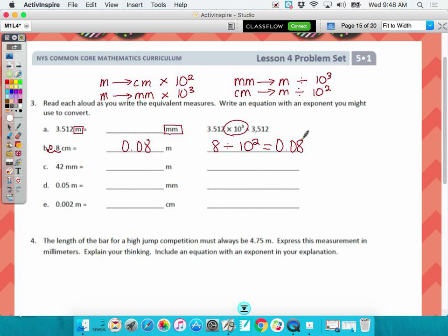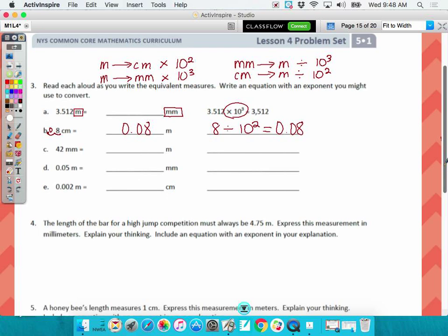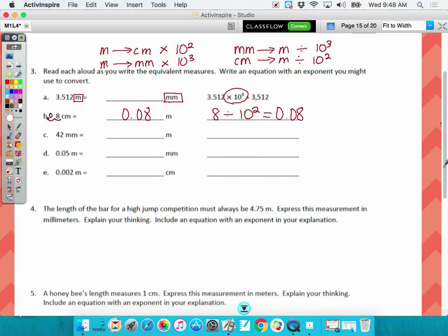Maite, would you help us on C, please? What am I going to do? Millimeters to meters. Divide by 10 to the 3rd. Good. So I started with 42. All right, let's take a look at that.